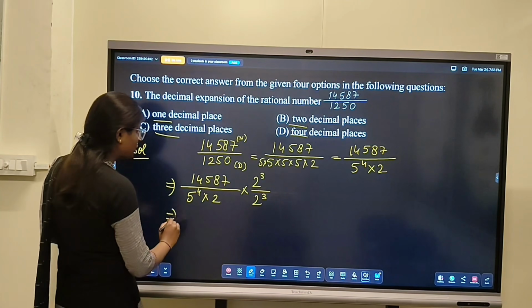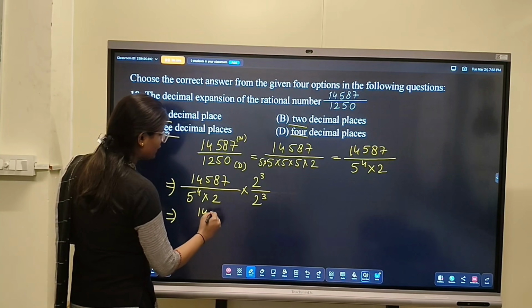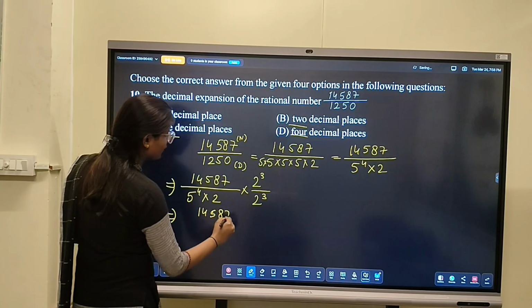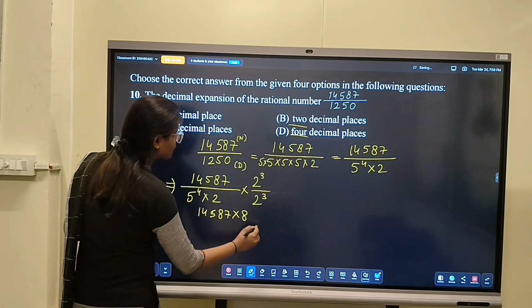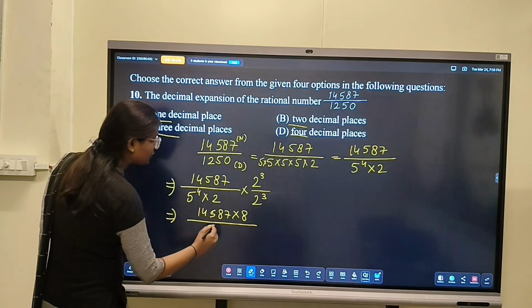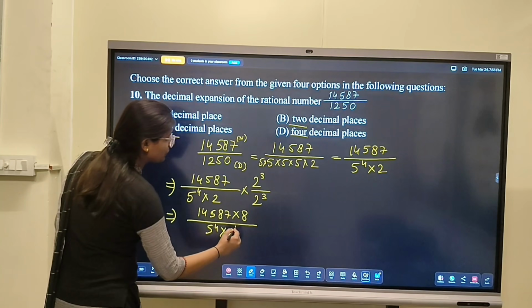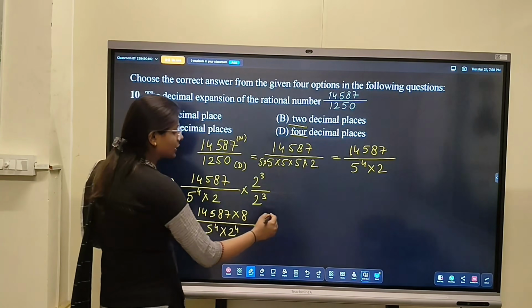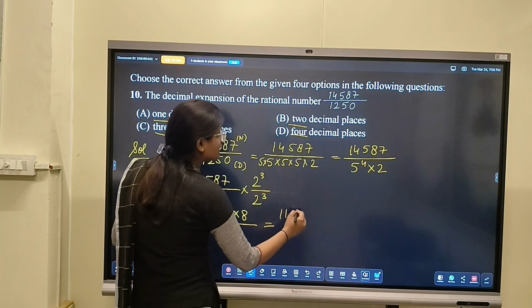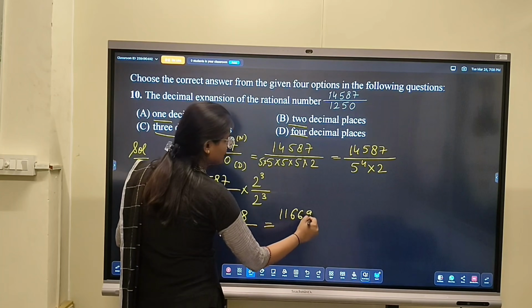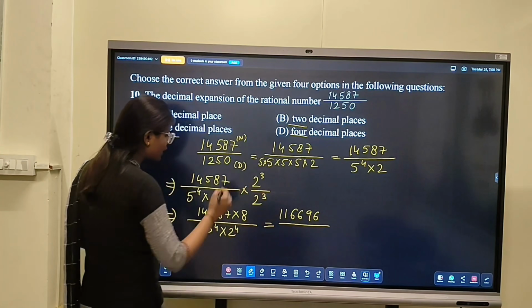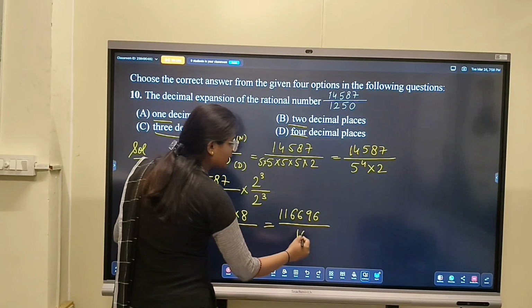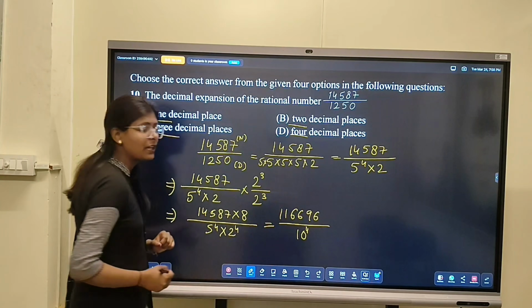In that way, you will be getting 14,587 multiplied by 8 divided by 5 to the power 4 into 2 to the power 4. Right? When you multiply the numerator, it will be 116,696. You can multiply on your own, and in the bottom you will be getting 10 to the power 4.